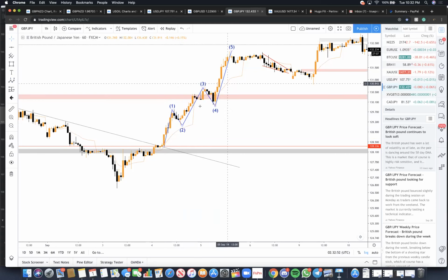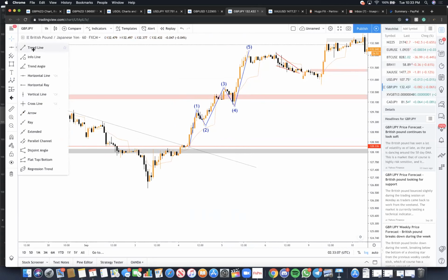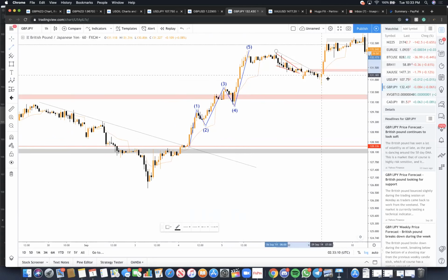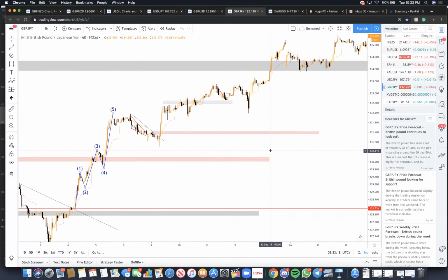So when the market came back and retested the area that it broke above, the pressure to the upside was greater, causing the fifth wave to actually be the extended move to the upside. What happened after that? The market started trending downwards, right? And then they were unable to continue breaking below, causing the market to move to the upside once again.